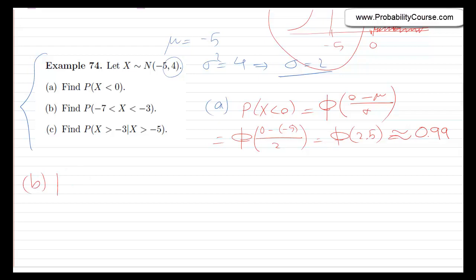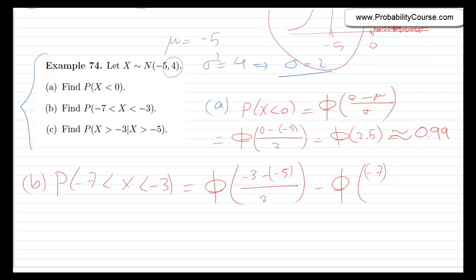Part B, the probability that x is between minus 7 and minus 3. Well, this is phi of (minus 3 minus mu, which is minus 5) divided by sigma, which is 2, minus phi of (minus 7 minus minus 5) over 2, which simply becomes phi of 1 minus phi of minus 1.